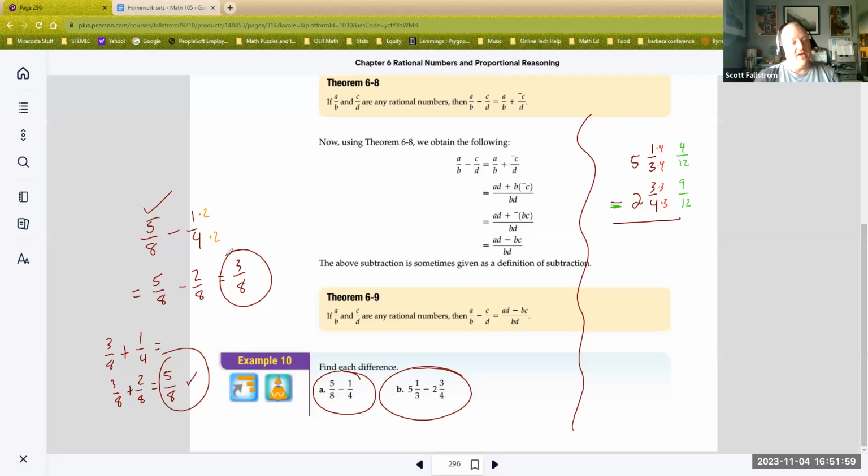You could say, I don't have enough 12ths. So what do we do? We don't borrow, but we could regroup. We could say, I'm going to take 1 from here, and I'm going to trade it in for 12/12, because 1 is equal to 12/12. So I took one of these, think of them as poker chips, grab a poker chip, trade it in for 12 pieces.